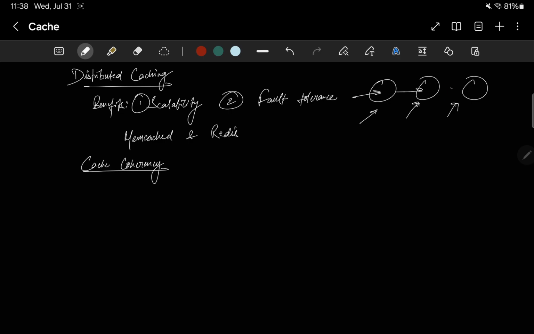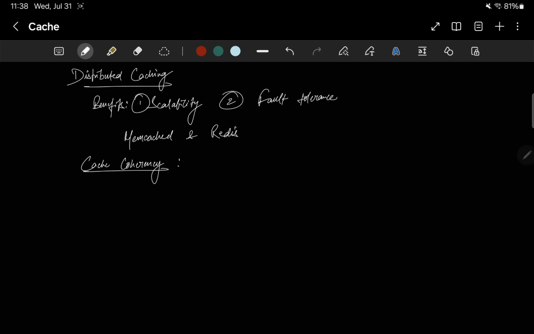As we were talking about in the CAP theorem, strong consistency, eventual consistency, we need consistency. But how is that consistency achieved? Till now we have only talked about consistency, but we don't know yet how that is achieved. Let's talk about how that is achieved in caches.